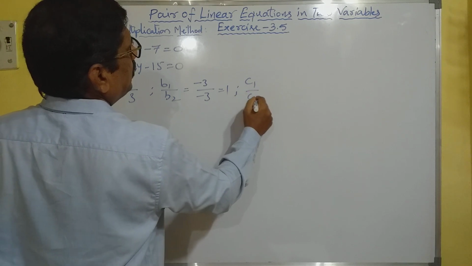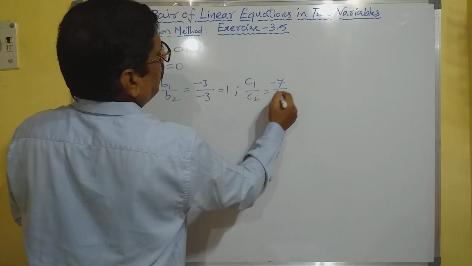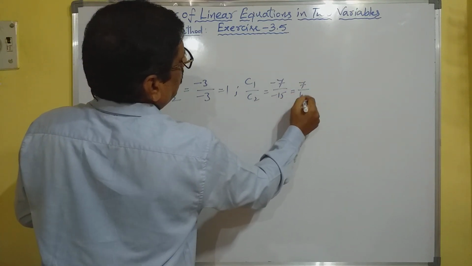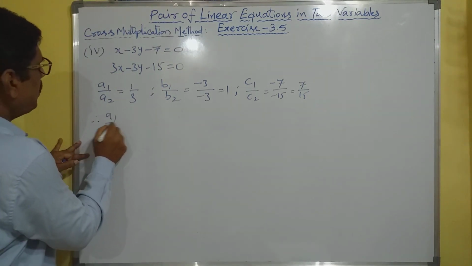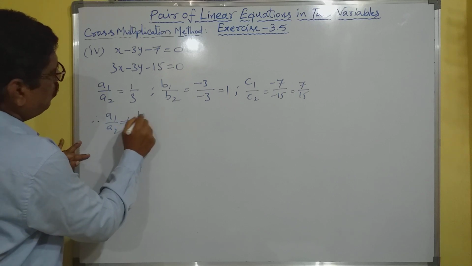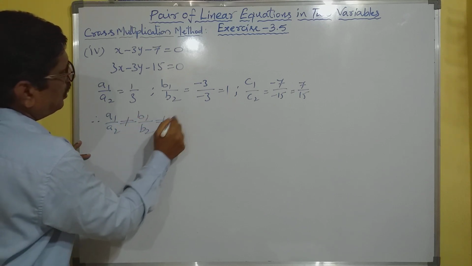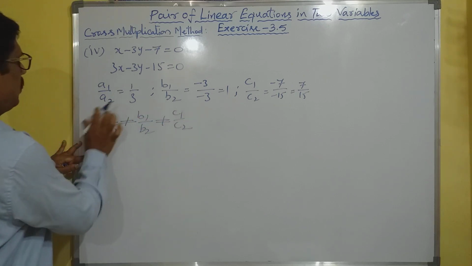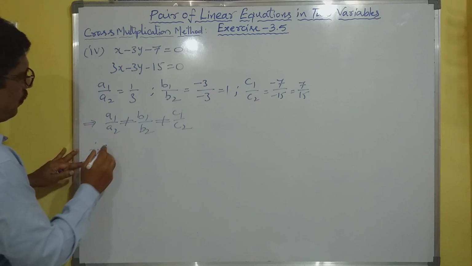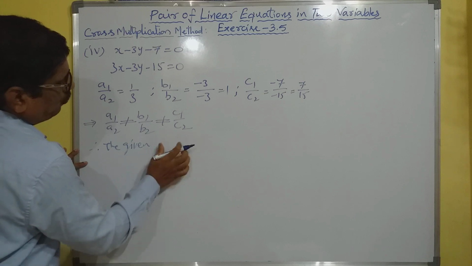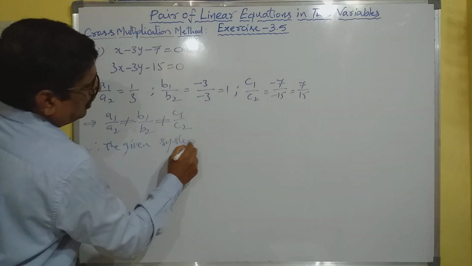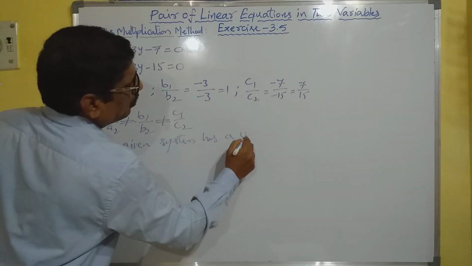And c1 by c2 is minus 7 by minus 15, that can be written as 7 by 15. Here, a1 by a2 is not equal to b1 by b2 is not equal to c1 by c2. So therefore the given system has only one solution, a unique solution.